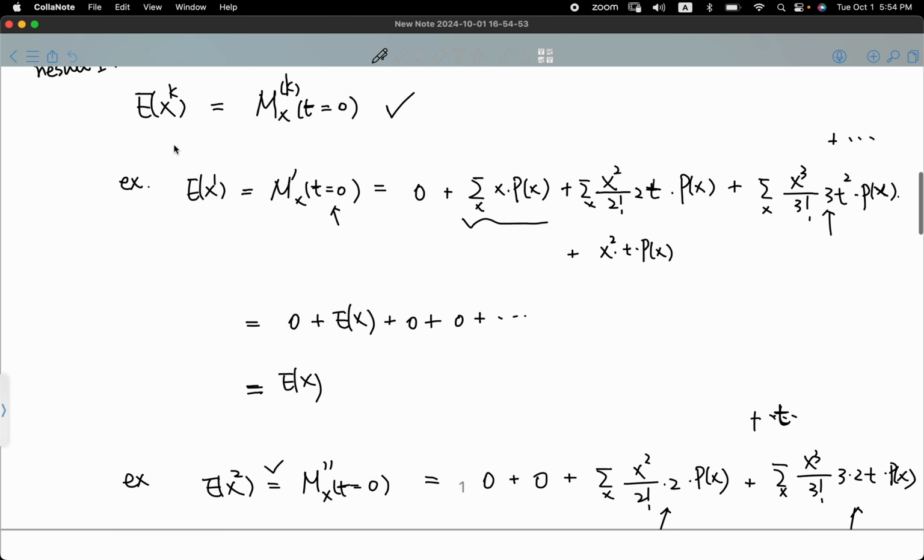Okay. So next, we are going to revisit the examples that we did in the first lecture, and use the moment-generating function to calculate the first moment and the second moment, and then calculate the variance, and see if we get the same thing as last lecture. So any questions or comments before we proceed?